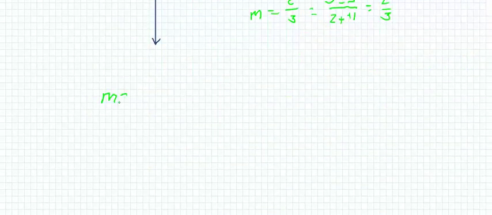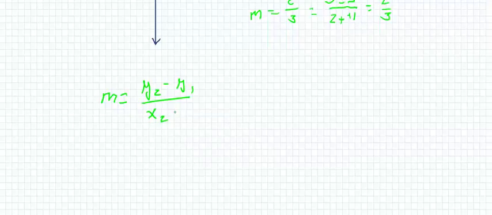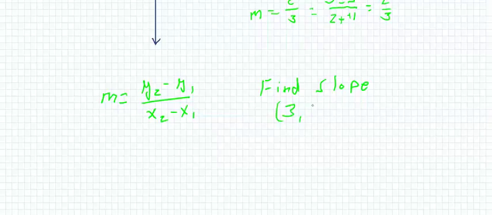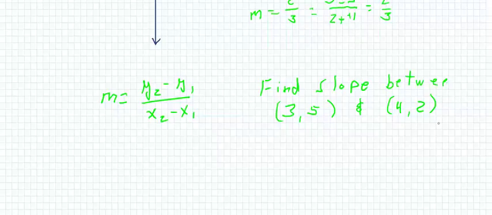Slope is y2 minus y1 over x2 minus x1. So find the slope and we have 2 points, 3, 5 and 4, 2 between these 2 points.